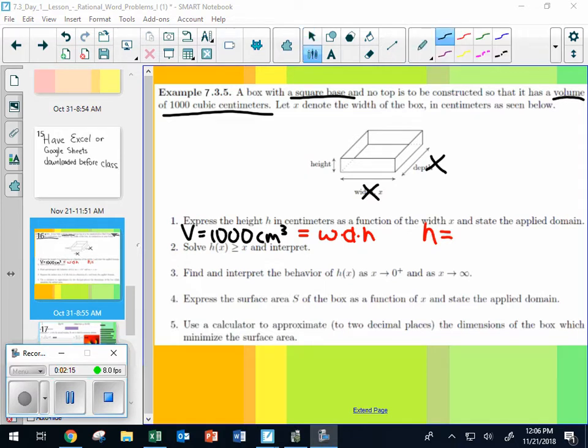H equals 1,000 over x squared. Okay. The x just stands for the w and the d, right? So here, instead of w and d, we have two x's, and x times x will give us x squared.